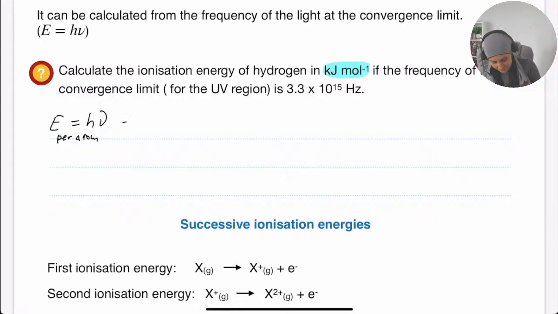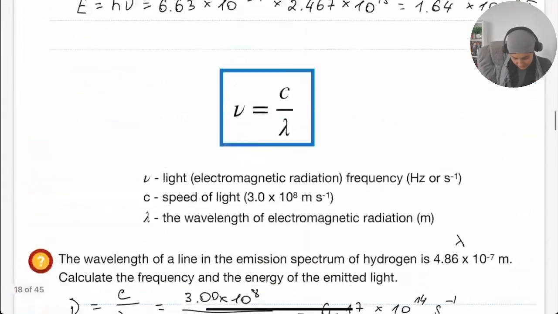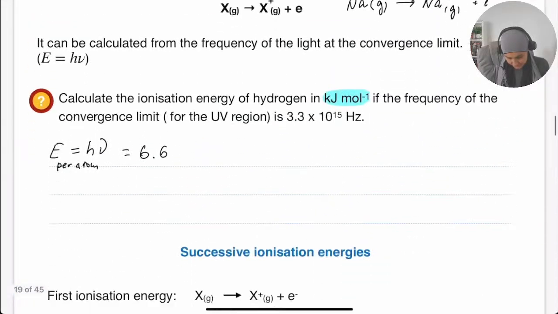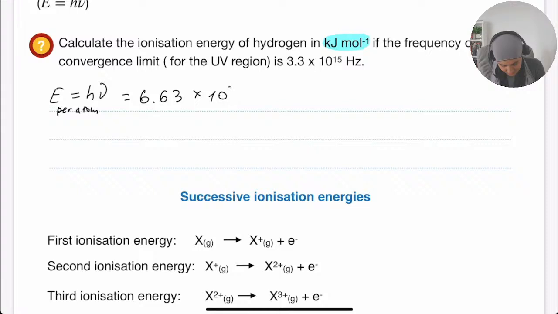Well, let's see, what do we do here? First I apply the formula, so that's Planck's constant. Was it 6.63 or 6.64? I don't remember. 6.63 times 10 to the negative 34, times frequency 3.3 times 10 to the power of 15. 6.63 times 10 to the negative 34 times 3.3 times 10 to the power of 15 gives me 2.19.